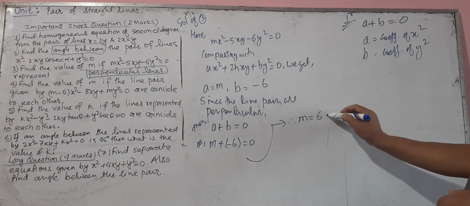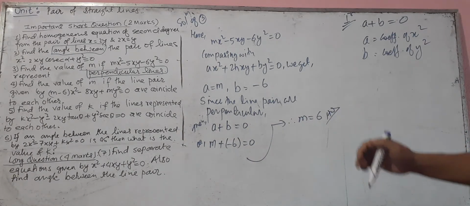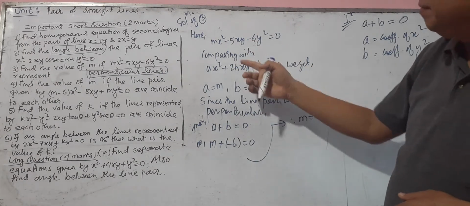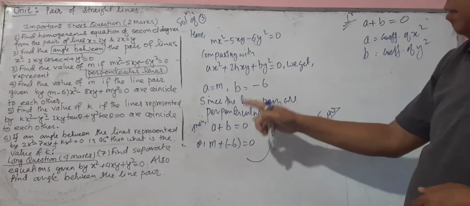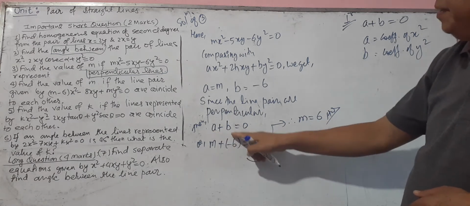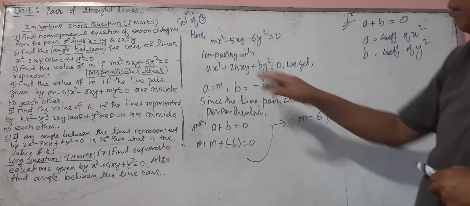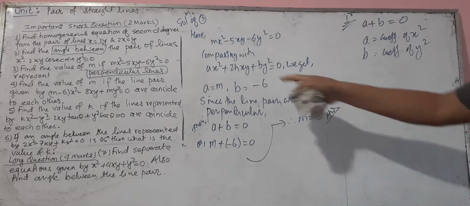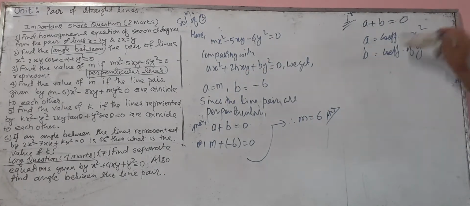This is the required value of m. Why are we not determining the value of h? Because in the perpendicular case we only need a and b, so h is not necessary to find. We do not compare the coefficient of xy.